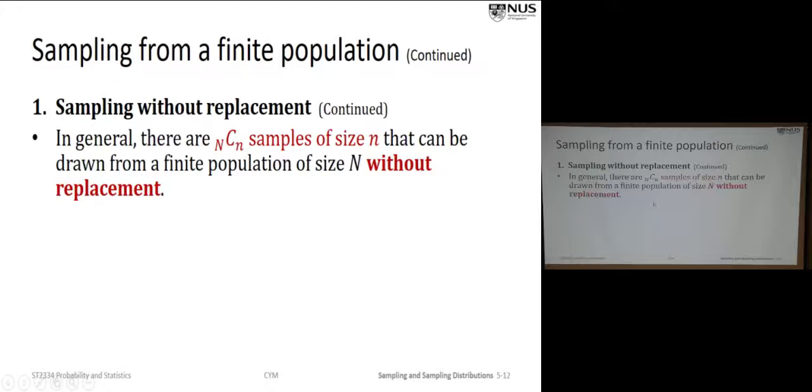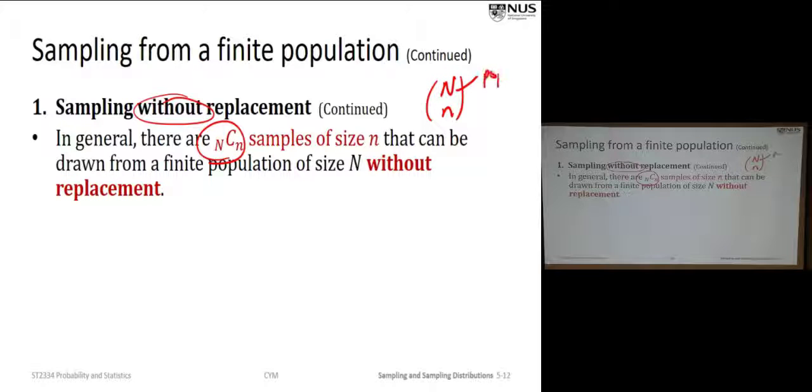So, in general, if you are sampling without replacement, which simply means that you select one, you won't put it back, you won't replace it, and then you select the next one, the third one, the fourth one, and so on. In this case, the number of possible samples of size n will be N choose n.